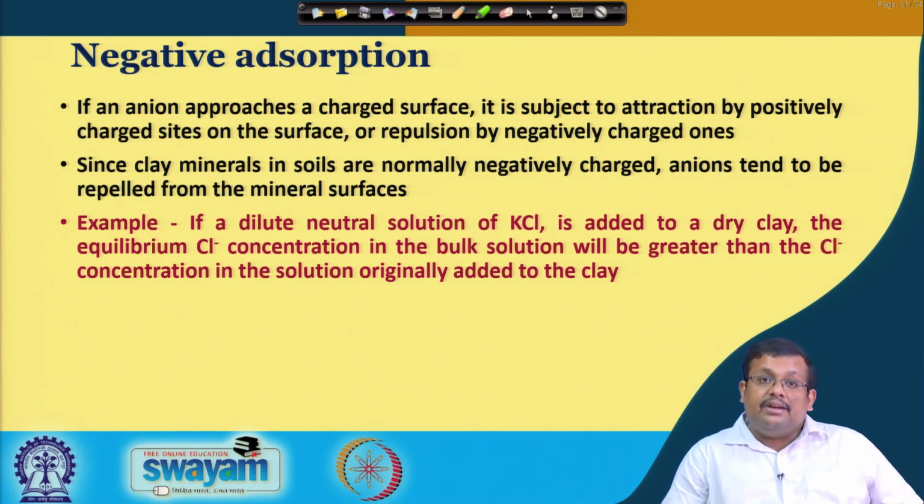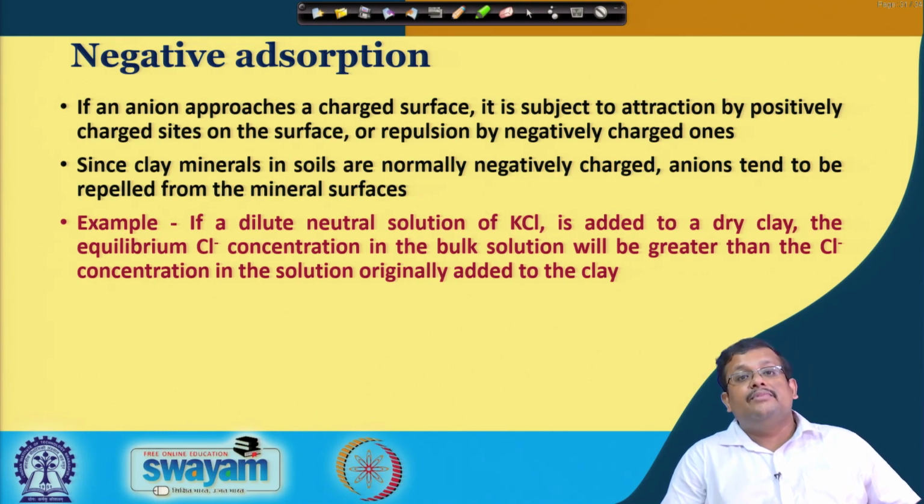Now, since clay minerals in soil are normally negatively charged, anions tend to be repelled from the mineral surface. For example, if a dilute neutral solution of potassium chloride is added to a dry clay, then the equilibrium chloride concentration in the bulk solution will be greater than the chloride concentration in the solution originally added to the clay.